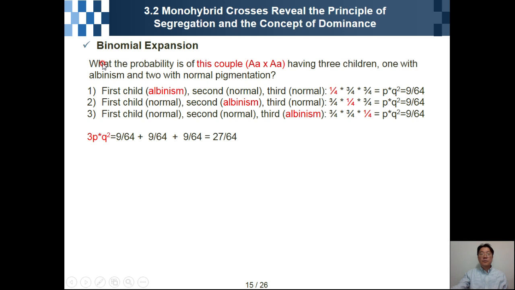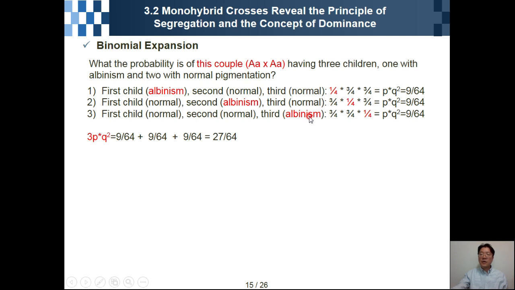So what is the probability of this couple having 3 children, 1 with albinism and 2 with normal pigmentation? It can be either case 1, or case 2, or case 3.